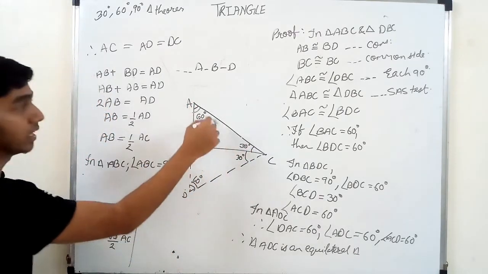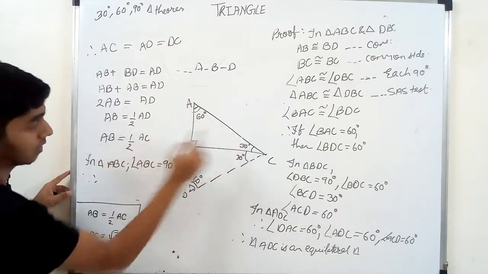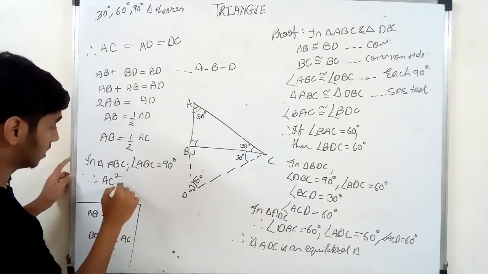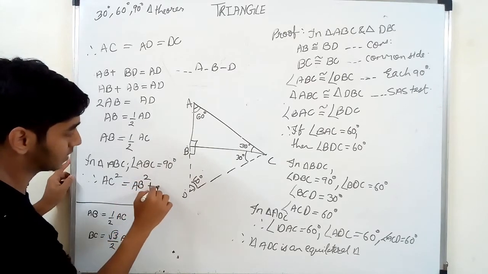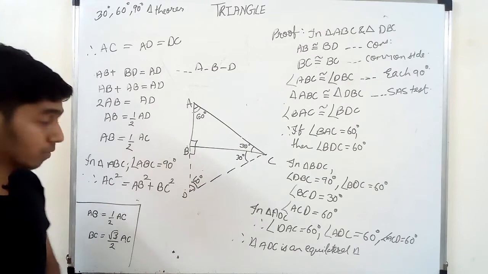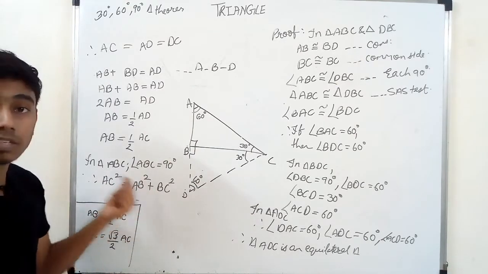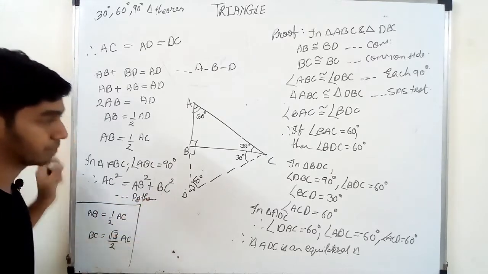Therefore, we can say hypotenuse square, which is AC square, is equal to one side square, which is AB square, plus BC square. Yes or no? We have got this using Pythagoras, so we'll write the reason: Pythagoras theorem.